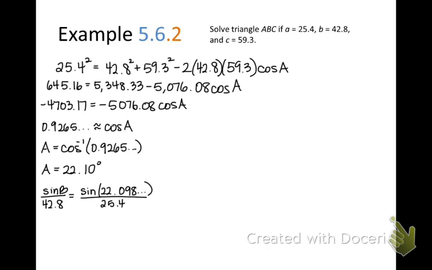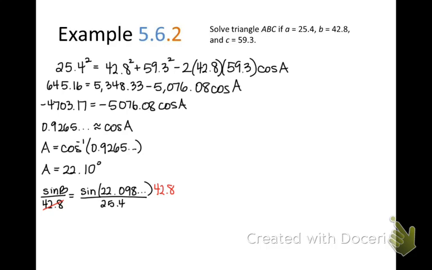So to solve this, all that I have to do is take the 42.8 and move it up here, and then the other thing that I'm going to have to end up doing, once I know this value, is the sine inverse. But let's first calculate this.